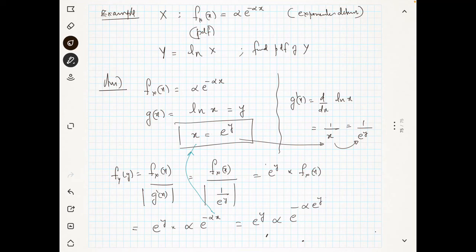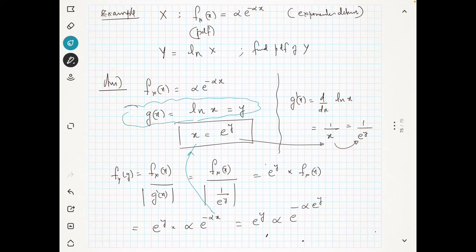Now we will see the range of the values. You know that y is equal to ln of x. Since x is positive, changing from 0 to infinity, y can take both positive and negative values.